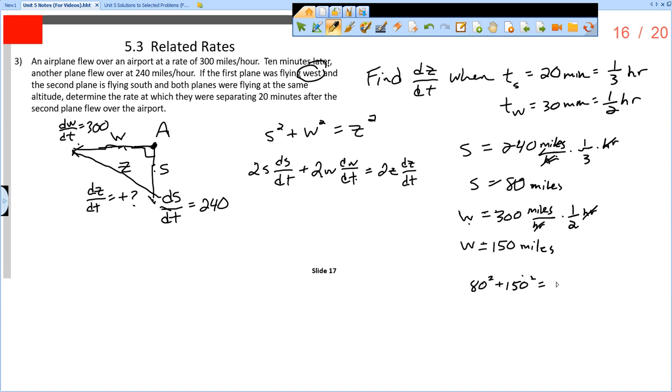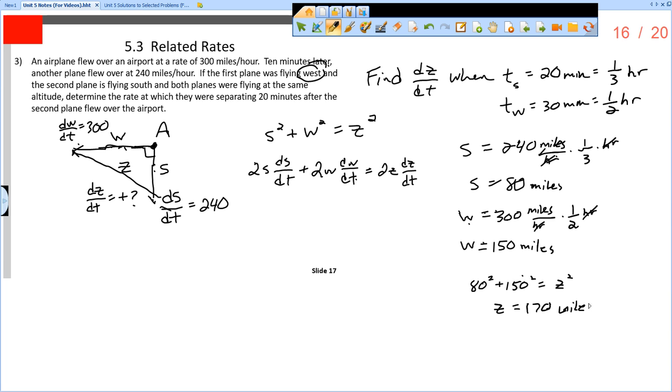This is a Pythagorean triple. Remember an 8, 15, 17 triangle. So an 80, 150, 170 right triangle would be the case. That means the two planes are 170 miles apart.